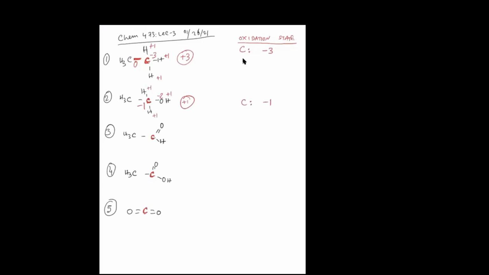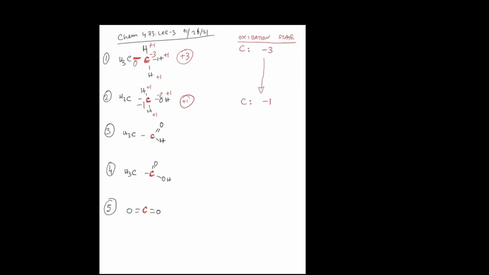Are you following what is going on? Everybody with me? Yes. So what did we do going from ethane to ethanol? Think about the oxidation or reduction. What happened here?